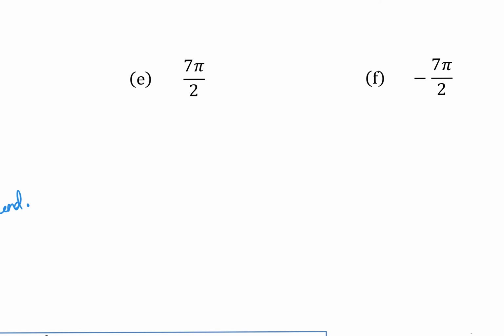What about 7 pi over 2? Well, if you go around one positive rotation, you end up at 2 pi, which is actually smaller than 7 pi over 2. So 7 pi over 2 means that, and let me just draw a little unit circle, you're going to go pi over 2, 7 times. So let's think about this.